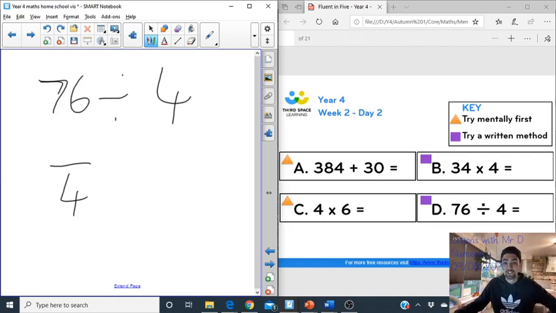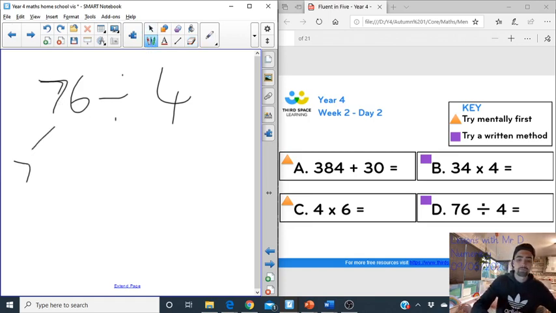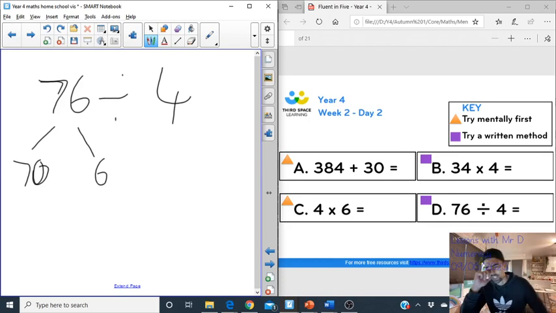So how could you guys work this one out? Well, you could try and partition it, but if you know anything about 70 and 6, you'll know that 70 doesn't go into 4.